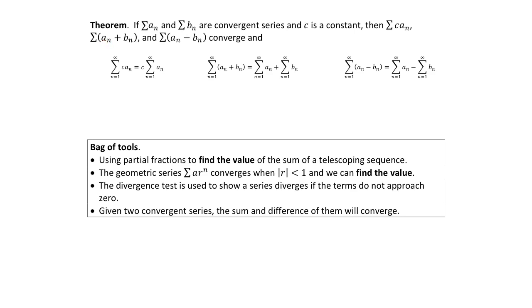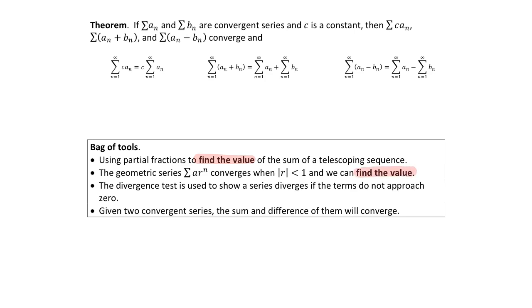Okay, so here is our bag of tools so far. We used partial fractions, and we could actually find the value of the sum of a telescoping series. Now, I've made a comment before. Finding the value of the series, what it converges to, is a question that can rarely be answered. If we have a geometric series, it's going to converge when the absolute value of r is less than 1. r is the common ratio, and we can find the value.